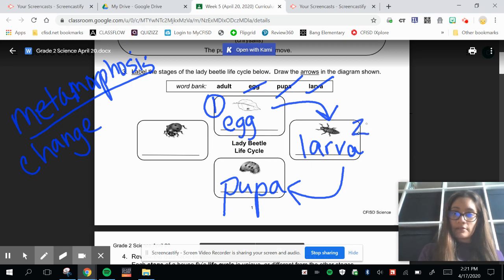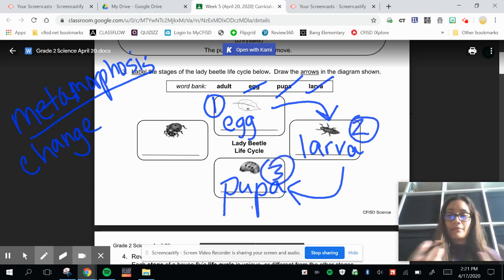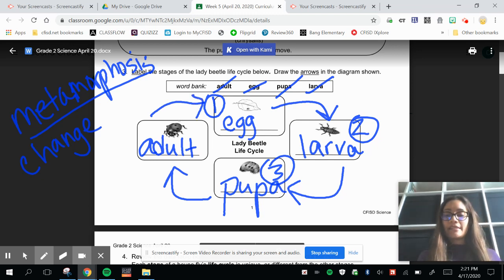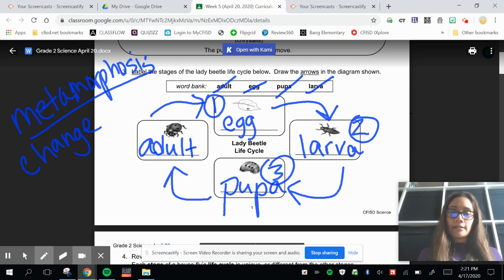For pupa, which is stage 3, it is going through a metamorphosis, a change. Then it emerges from its chrysalis as an adult. Notice I did not write down butterfly because this is a different insect life cycle. Because adults are now able to move and to lay their eggs. And as you can see, the life cycle repeats.